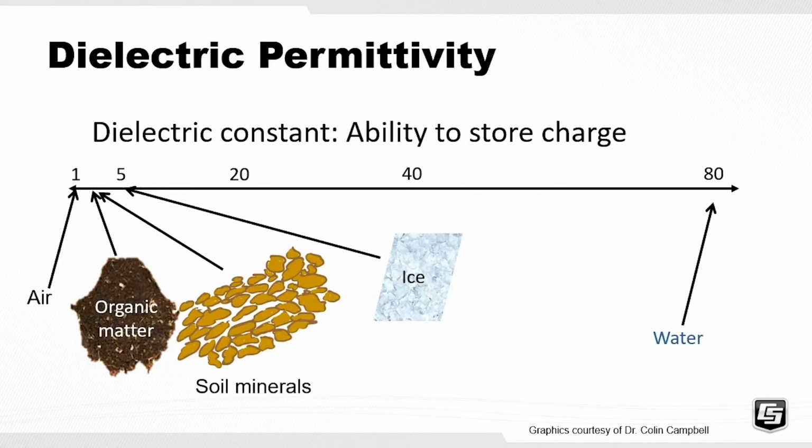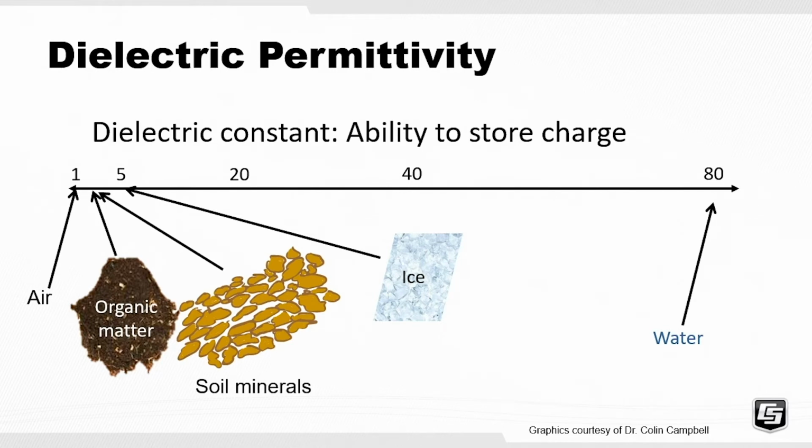So the dielectric constant can be thought of as the ability to store charge of whatever medium is being measured. By definition, air has a dielectric constant of 1. At the opposite end, at least for the purposes of this discussion, is water, which is usually around 80. It varies a little bit based on temperature and other factors, but for these purposes, we'll just call it 80.